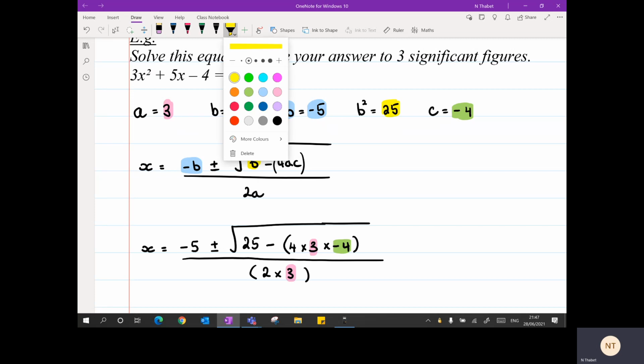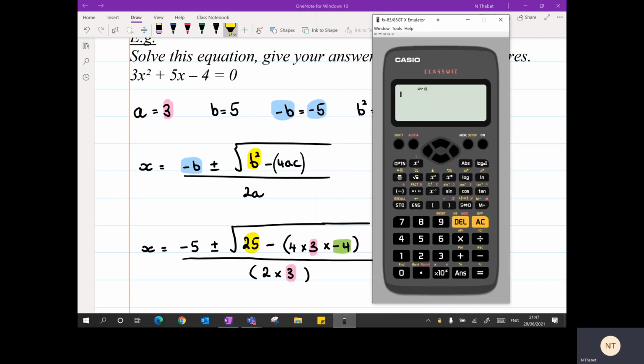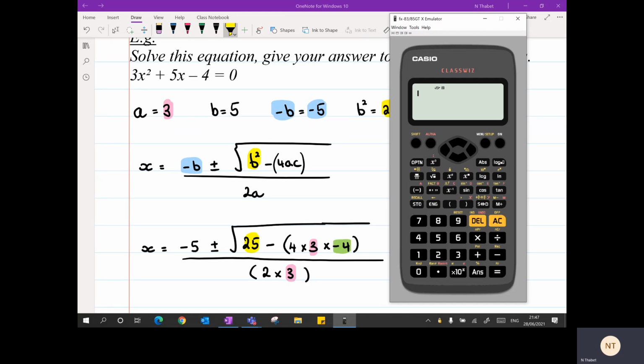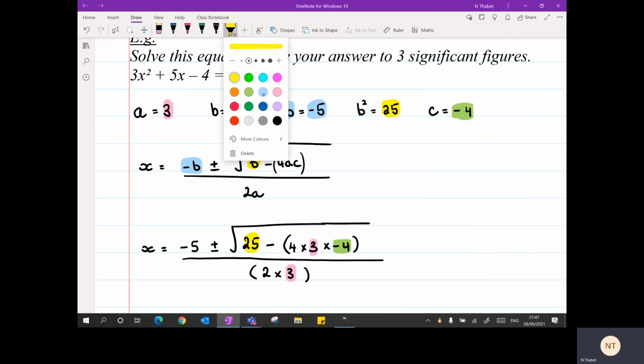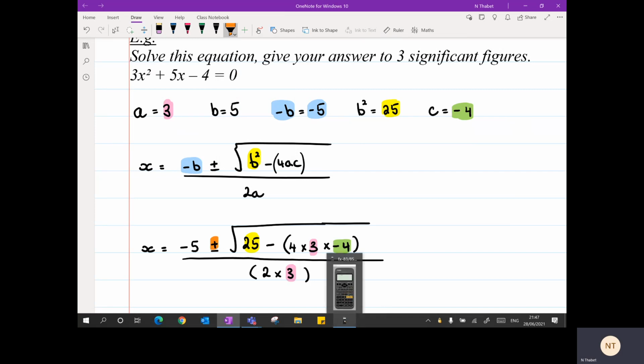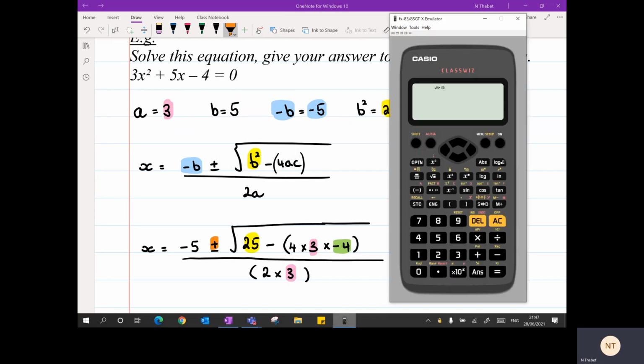And let's color code that one too, the 25, the b squared. So here's the calculator, and I'm going to start by using the plus. So I'm going to start by typing it in with a plus to get my first answer.